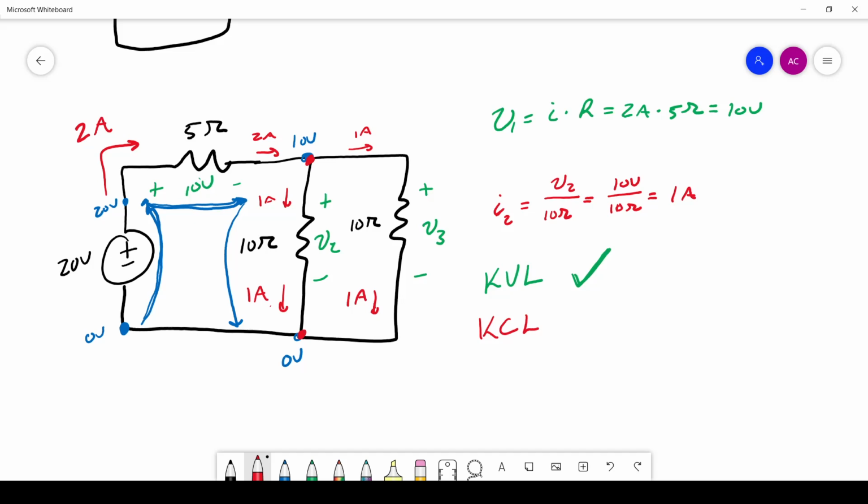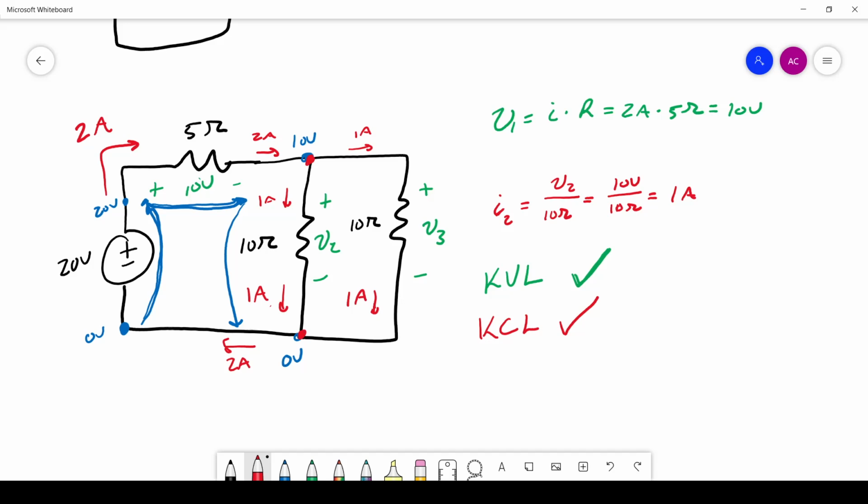So we have 2 amps coming in, 2 amps total leaving. So this node is satisfied. Down here, we have 2 amps leaving because it has to return to the battery, 1 amp in, and another 1 amp in. So we have 2 amps in, 2 amps out. KCL is satisfied. KVL is satisfied. We've solved this circuit.